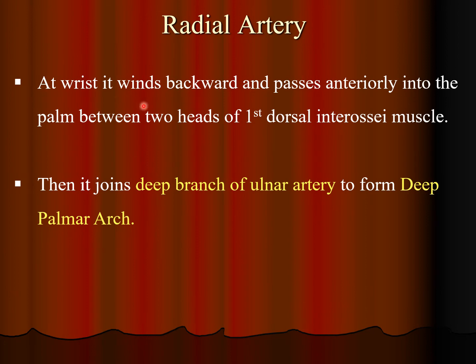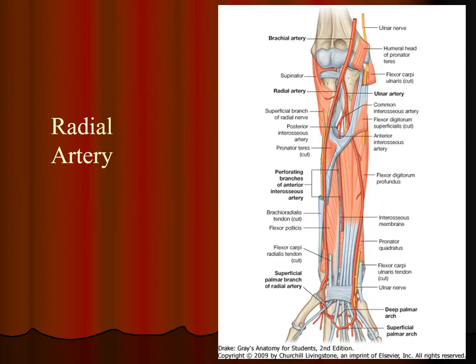At the wrist, it moves backward and passes anteriorly into the palm between the two heads of the first dorsal interosseous muscle, and then it joins the deep branch of the ulnar artery from the other side and forms an arch which is known as the deep palmar arch. So that is the pathway of the radial artery.